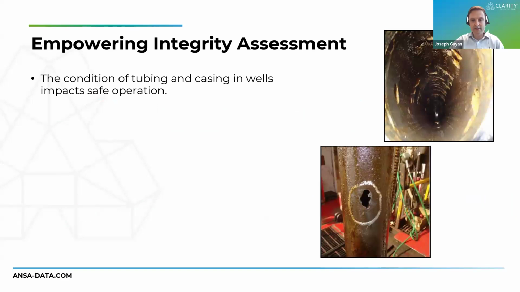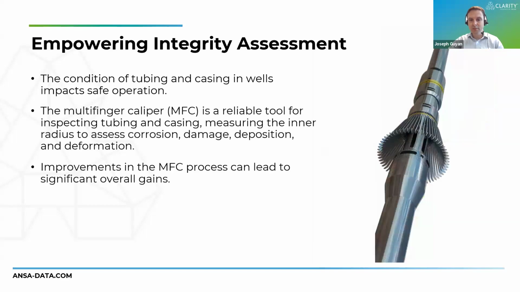So again, just to set the scene, make sure we're all thinking about the same thing here. What is it that we're looking at here? It's the condition of the tubing and casing in either your customers' wells or your own wells. And what is it we're trying to assess? So we're using the multi-finger caliper to assess for metal loss, damage, deformation, and deposition.